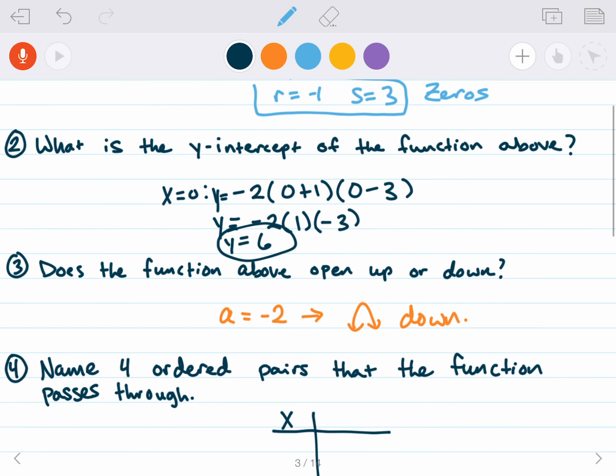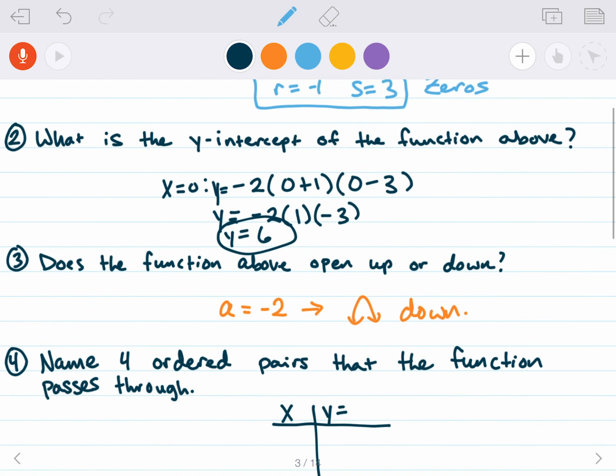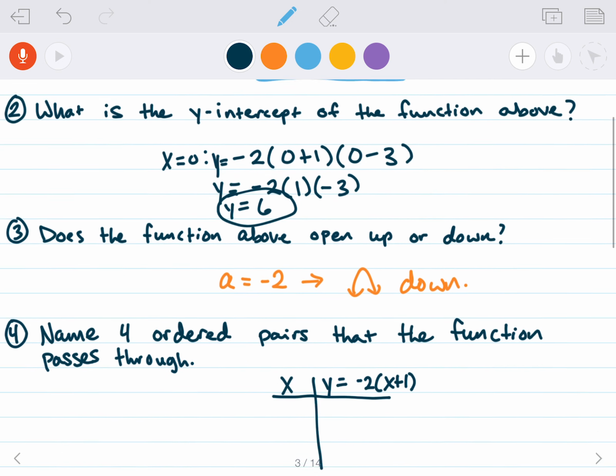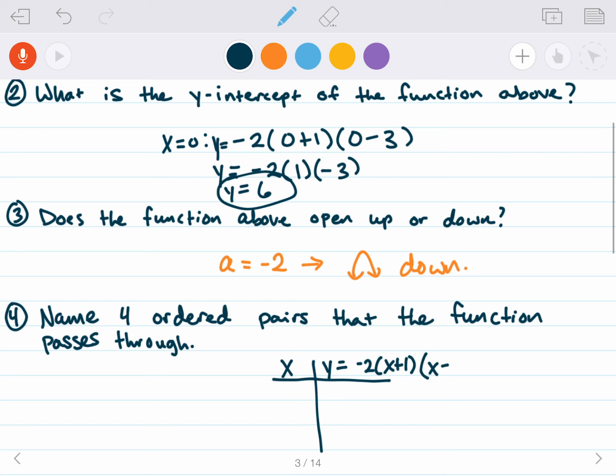So this is x and this is y, which equals negative 2 times x plus 1 times x minus 3. So we're putting our x values in there. Now we already technically got a y value when x was 0. We got the pair 0, 6. We plugged in 0 for x, and we got that ordered pair.